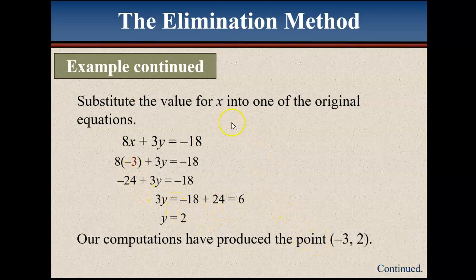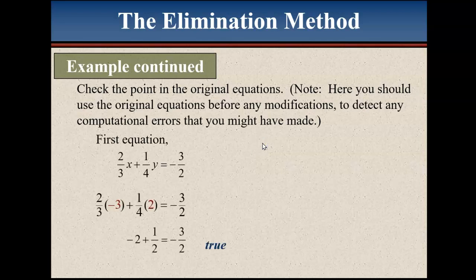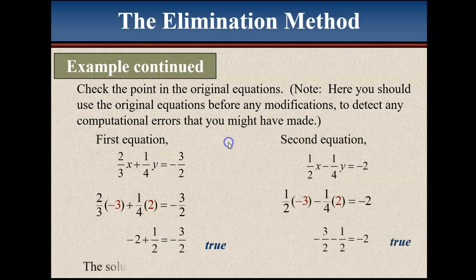Y is equal to 2, so the point of solution could possibly be negative 3, 2, but we need to check by putting it into both equations. If we put it into the first equation, it comes true. If we put it into the second equation, it is also true. Okay, so they did that one with fractions to eliminate.